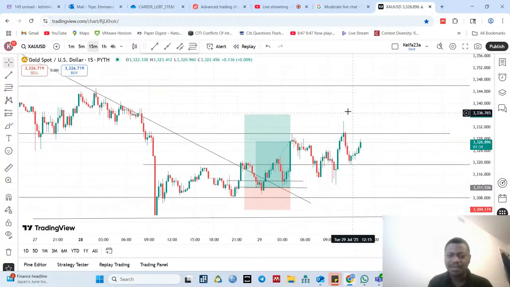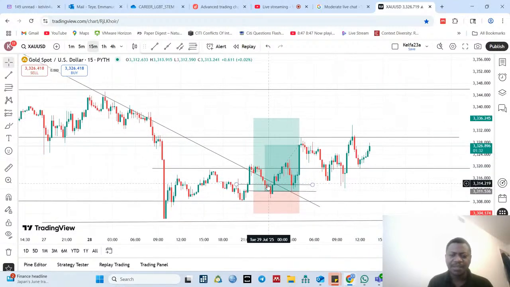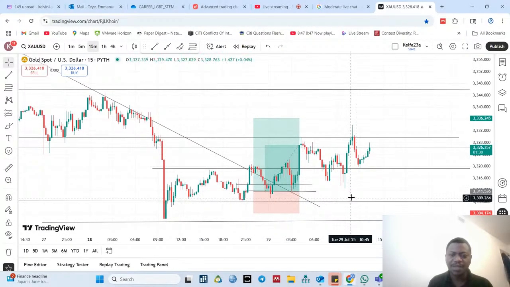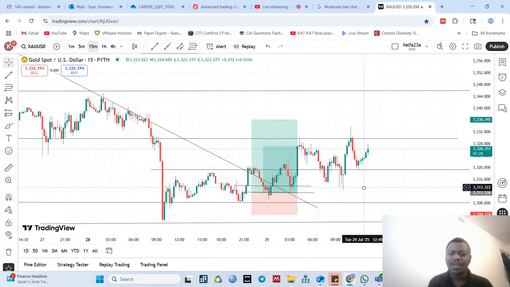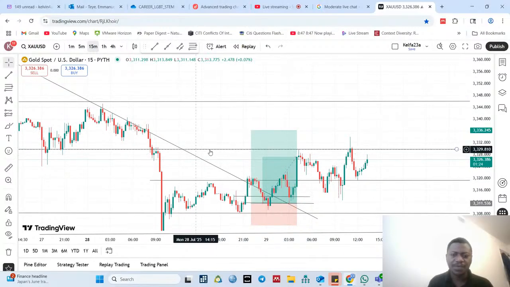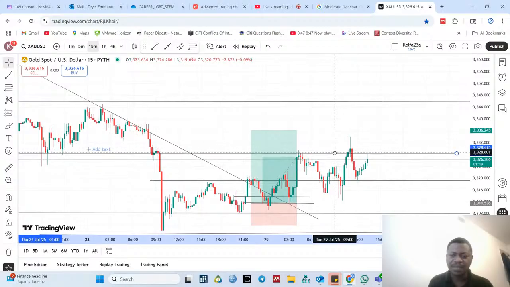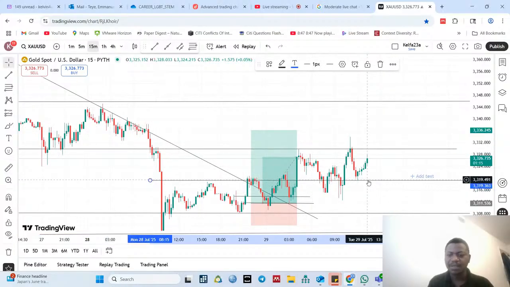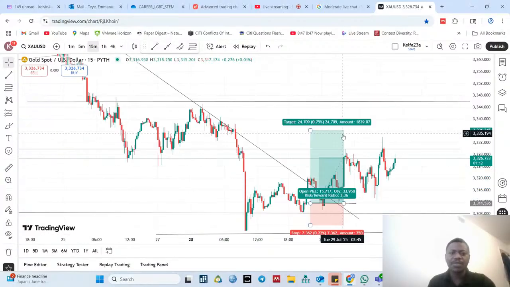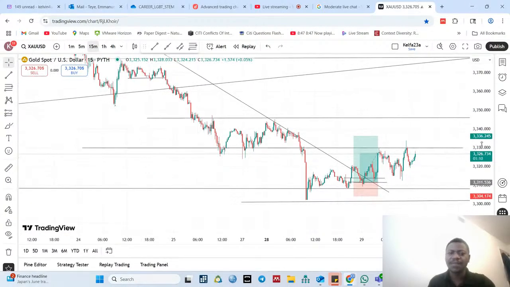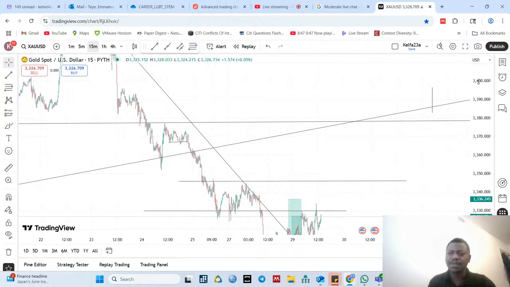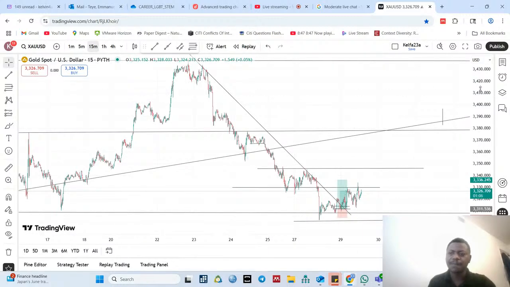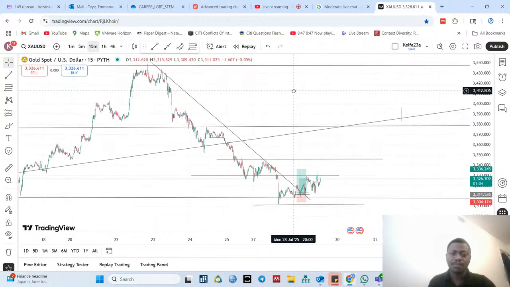I did this analysis yesterday night, and I was expecting the New York session to give me the move. So the New York session just gave me the move, and it hit the TP. If price closes above this line, this TP, then gold is going to pull back significantly. Gold has been selling for some time, and I expect gold is bearish.